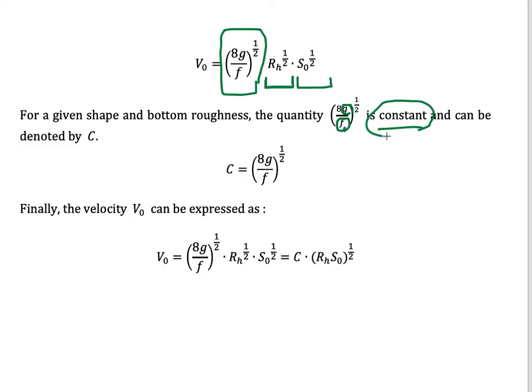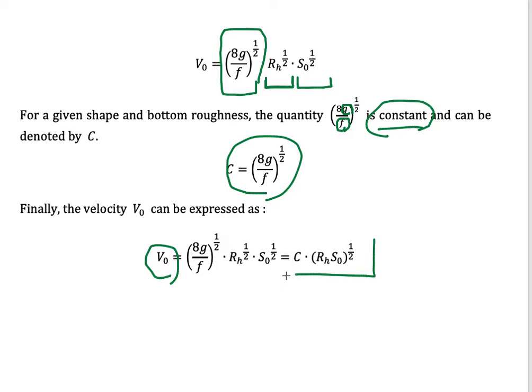So the value of the square root of 8g over f here can be denoted as a constant C. Then we can simplify this equation to become v, the velocity, equal to C times the square root of R h S naught, meaning R h S to the power of 1 over 2.